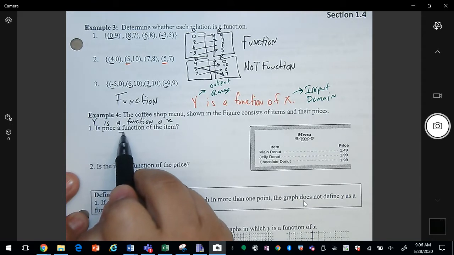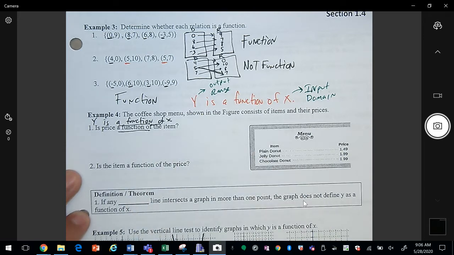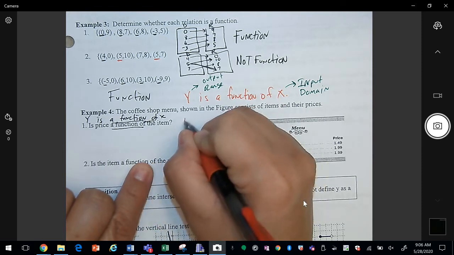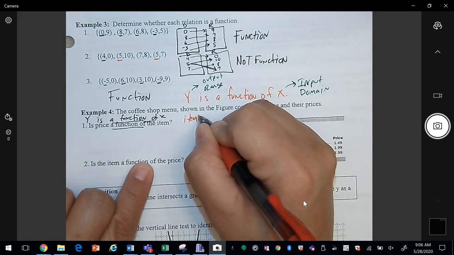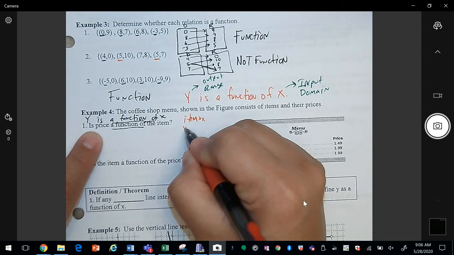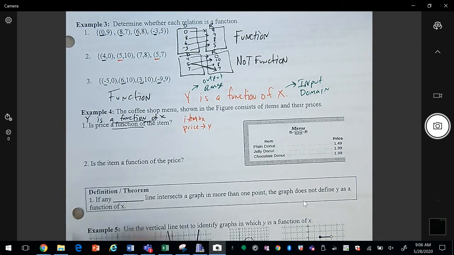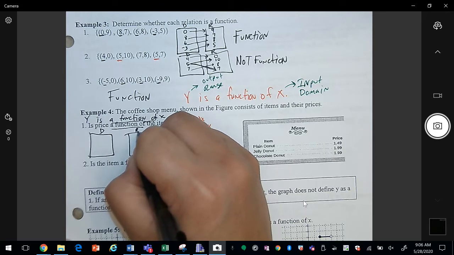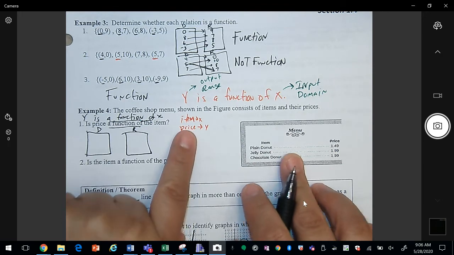So here, notice you have a function of, a function of. Okay. So in this case, you can see that item is your x, and you can see that y is your price. Okay. So I'm going to make a table here for my domain, and then a table for my range. So in my picture to the right side, I'm saying that item is your domain.